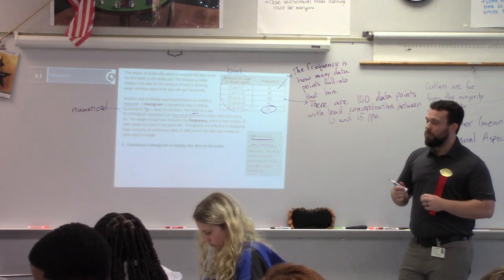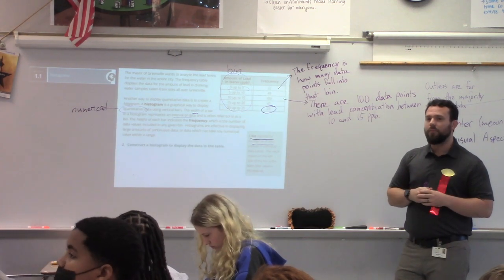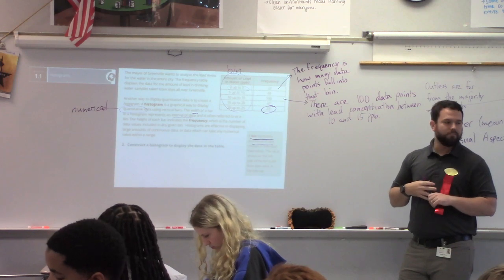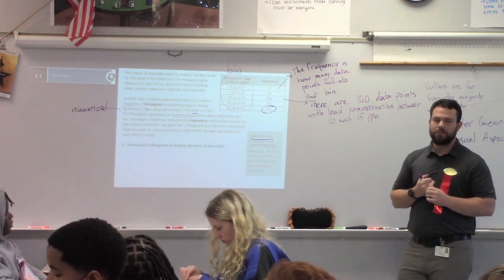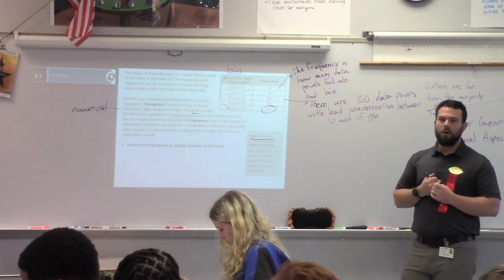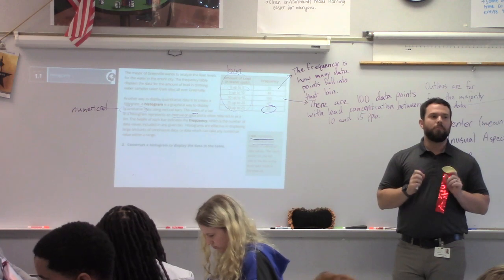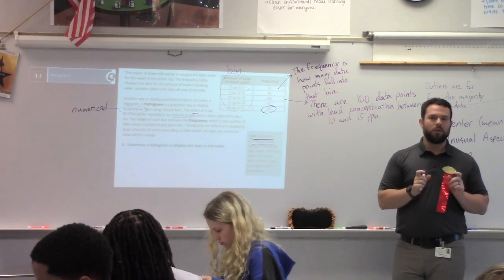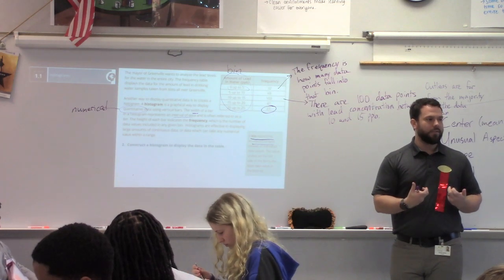Now, I want to point this out. Have y'all done graphs with bars in them before? What did y'all used to call them? Bar graphs. Those are different than histograms. Whenever you did a bar graph, weren't the bars separated from each other? Because bar graphs go with categorical data. And so you have the categories separated.